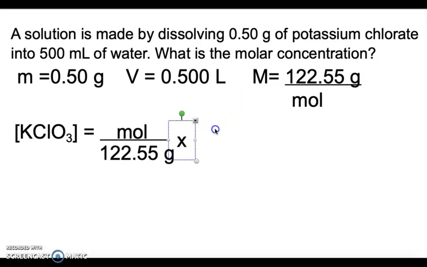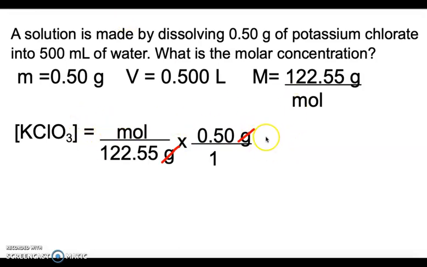Okay, then next thing we need to do is we need to get rid of the grams. We're going to get rid of the grams using mass, just like we did before. So 0.50 grams. Also, like we talked about before, we're just going to put it over 1. This then is going to let us cancel out our grams. Okay, now we just have the moles.